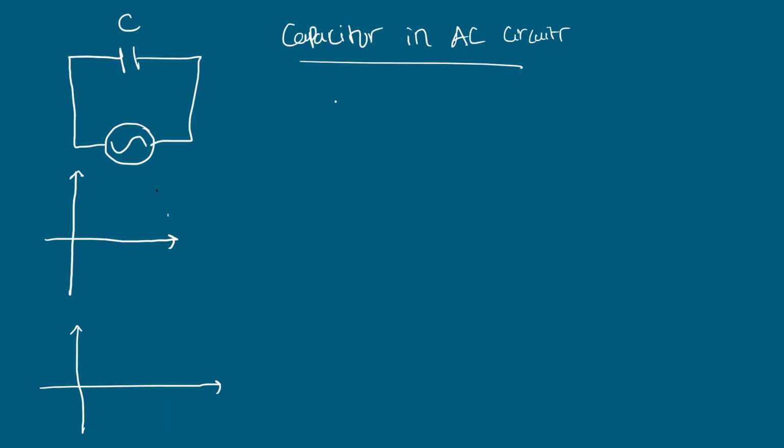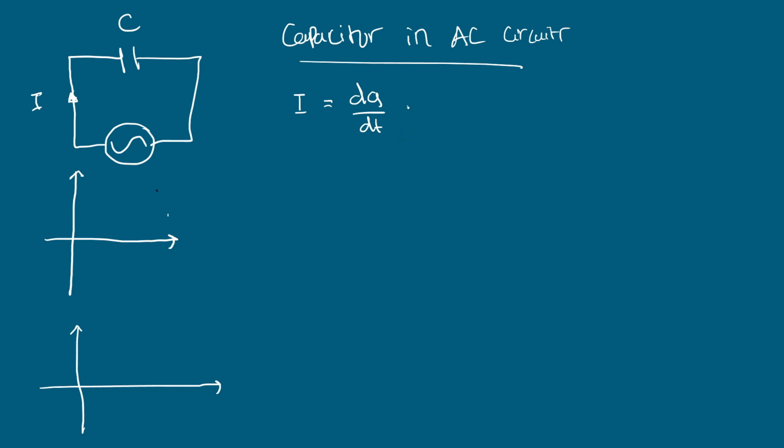Okay, third is the capacitor. Let's say we have an AC circuit which has a capacitor component here. The AC source will generate an AC current like this, and the AC current will flow through the capacitor. Then, as we know, I itself is equal to dq per dt, the change of charge per time.